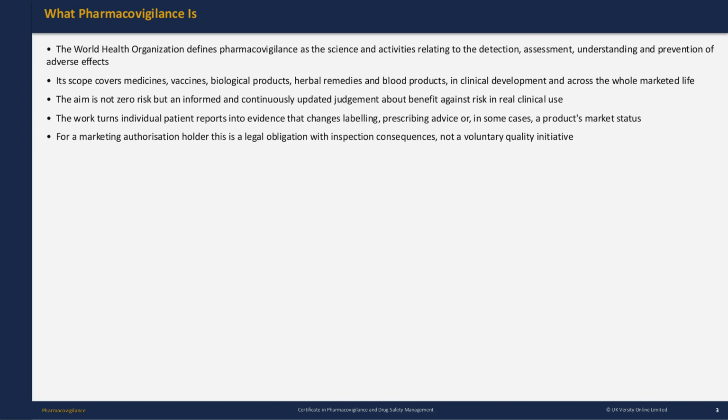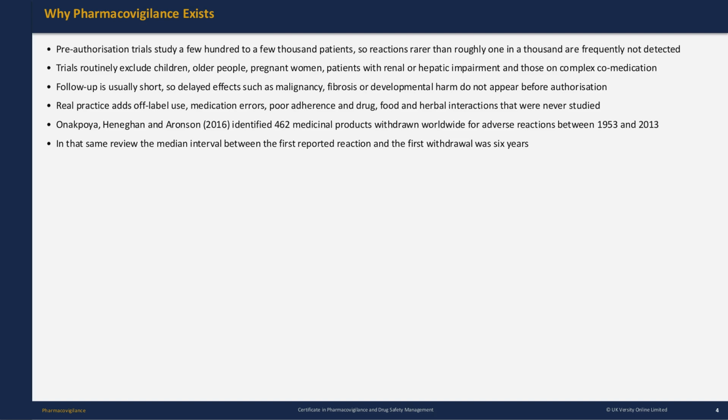Why pharmacovigilance exists. Pre-authorization trials study a few hundred to a few thousand patients, so reactions rarer than roughly 1 in 1,000 are frequently not detected. Trials routinely exclude children, older people, pregnant women, patients with renal or hepatic impairment, and those on complex co-medication.